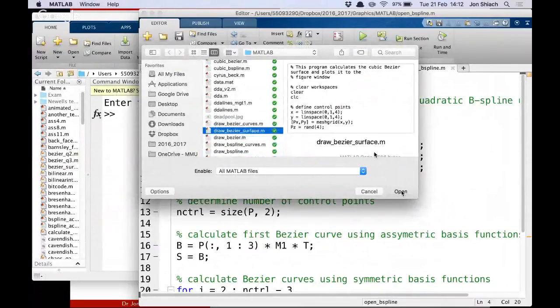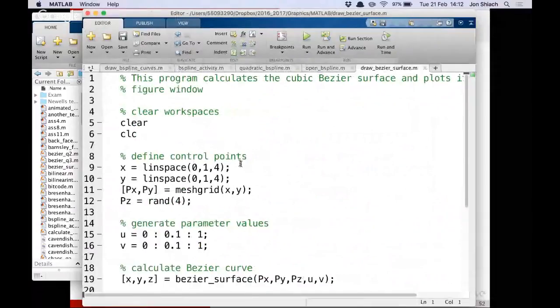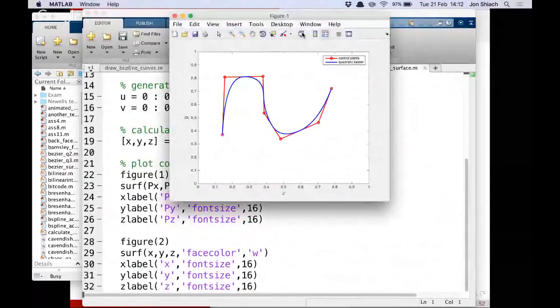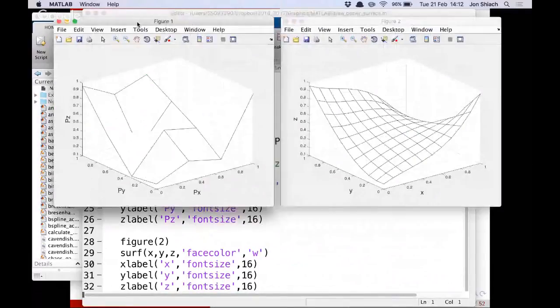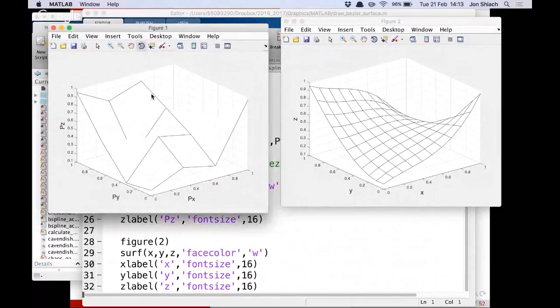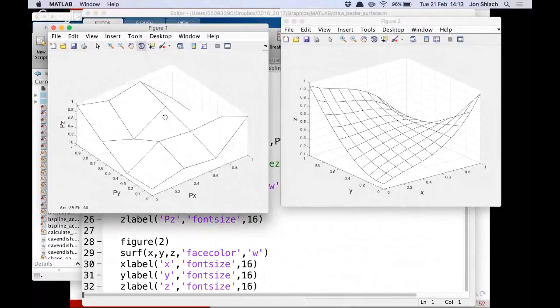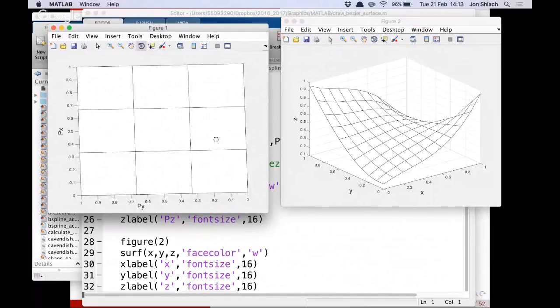So this is the code that actually does the work. Okay. Doesn't always give us a nice one, but there we go. So this window on the left, what I'm going to do is just tilt this up a bit so I'm looking down on it. Okay, you can see that's like a square configuration. So I've got my 16 control points, 1, 2, 3, 4, across, 1, 2, 3, 4, up.